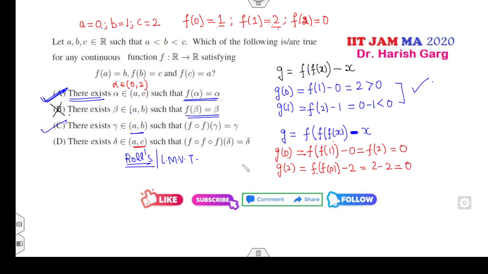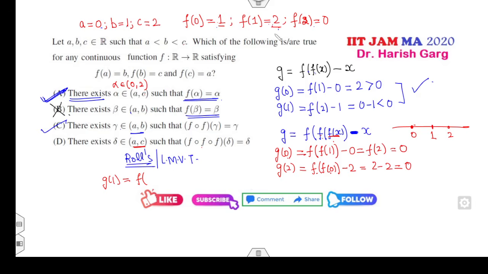Fine. So that means 0 and 2 both are the roots of this polynomial. There exists a function between 0 and 2. So can you find any function between? If you consider the average, let's say 1, can you check g of 1? What is f of f of 1? f of 1 is 2.